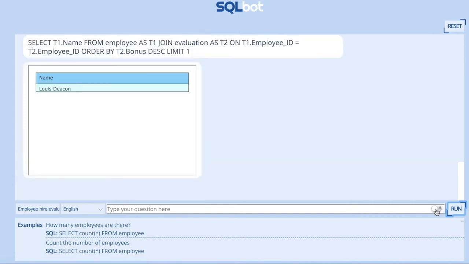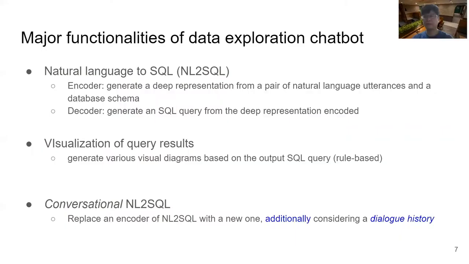As we saw in this demo using the toy database, simple relational data exploration is possible with the advance of deep learning based techniques, especially in natural language processing and databases. As shown in this demo, there are three major functionalities in a data exploration chatbot.